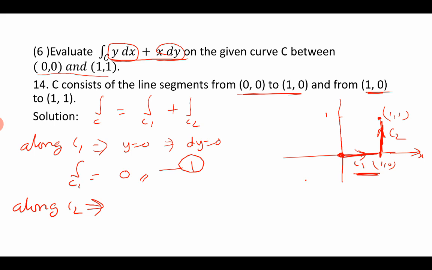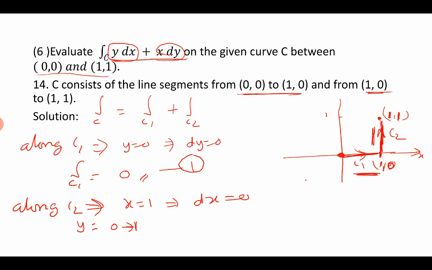Along C2, this line, x is fixed as 1 because here x is 1, here also x is 1. So x is 1 gives dx is 0 and y varies from 0 to 1. Here y value is 0, here y value is 1, that is 0 to 1.